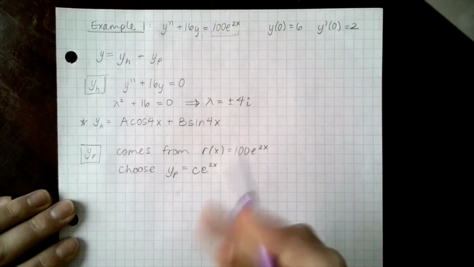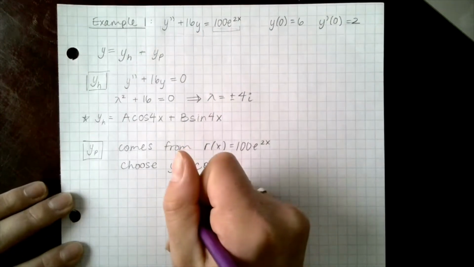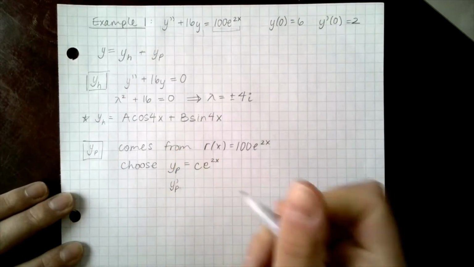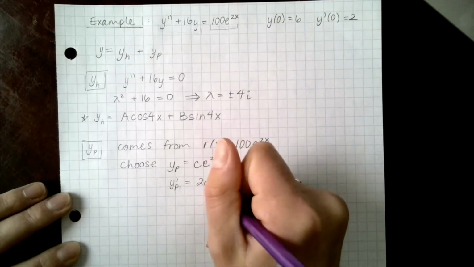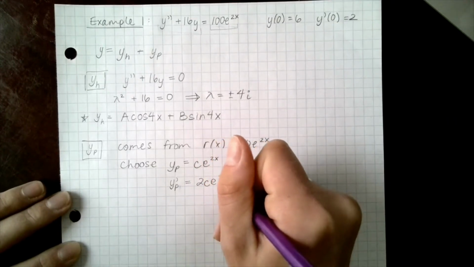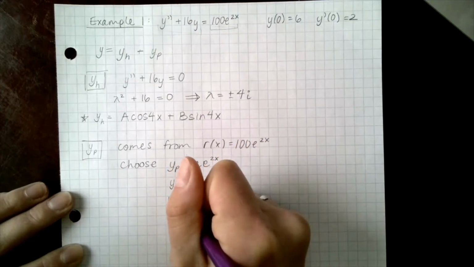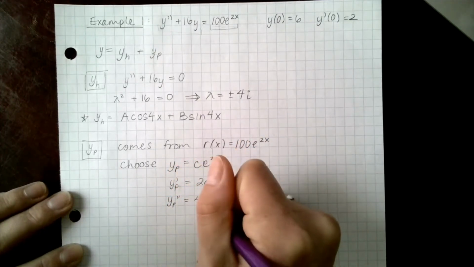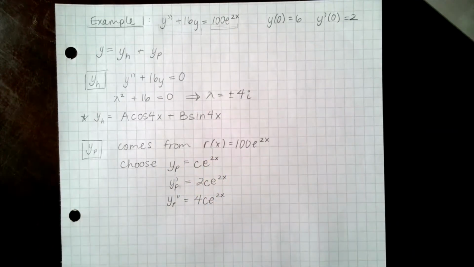So then the next thing we do is find the derivatives of this. So we're going to find y sub p prime, which would just be 2c e to the 2x, and then y sub p double prime is 4c e to the 2x.